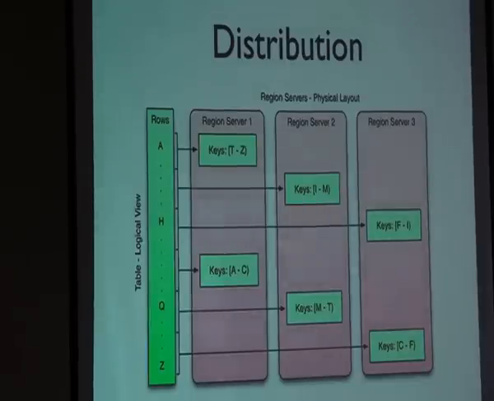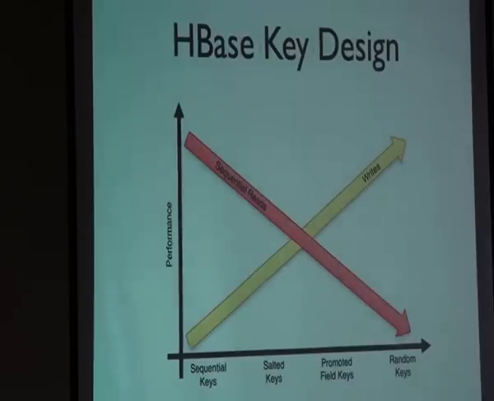I thought HBase does this real-time thing, so it's fast. It can't do better, because if you do a design with sequential keys or random keys, these are the opposites. With sequential keys, the performance is low for writes.